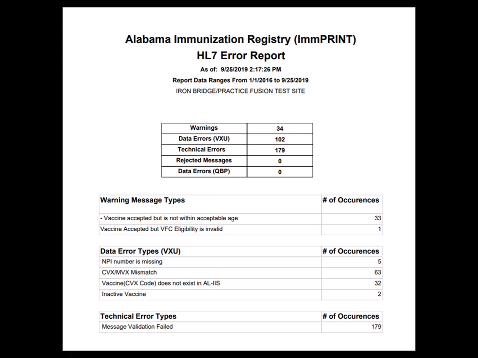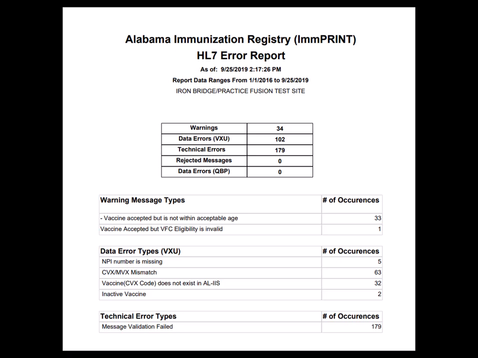There are 2 types of data errors, one for unidirectional transmission and one for bidirectional transmission. All data errors must be corrected by the site. Technical errors must be forwarded to the EHR vendor, and the EHR vendor is responsible for correcting the technical errors.